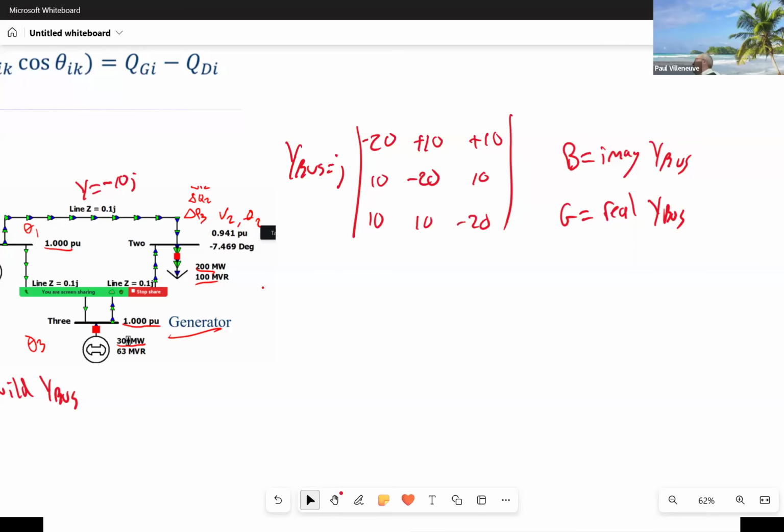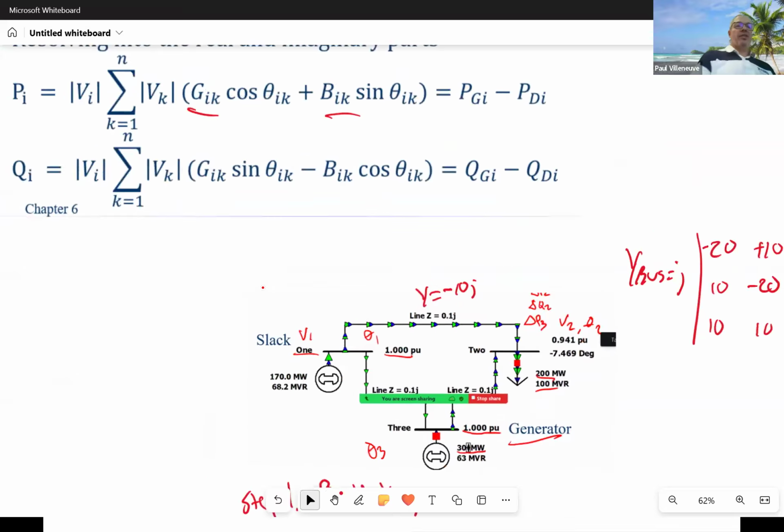Because I can just go back into these equations, and if I need G2 comma 1, then I just put 2 comma 1 like that. I don't have to fish it out. It just makes it a little bit easier. Don't have to do that. That's just a suggestion for how I would set up.